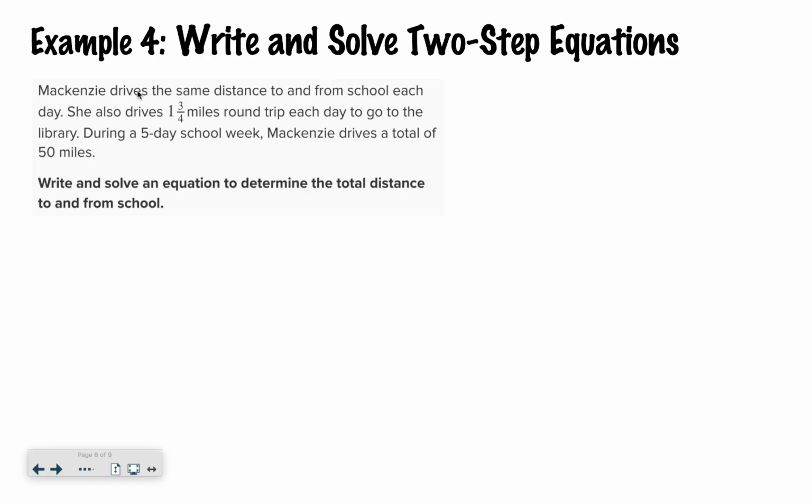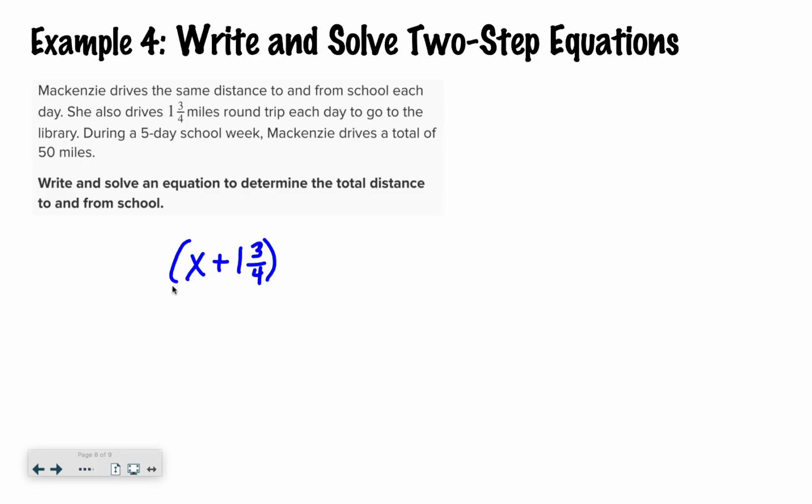So this is where we're going to write and solve an equation to determine the total distance to and from school. Okay, so let's start with, we have the same distance to and from school each day, but it doesn't give us an exact number there, so that's when we use a variable. So we know that she's driving a certain number of miles to get to school and to get back, but we don't know what it is. And then we also know she's driving an additional 1 3/4 miles to get to the library.